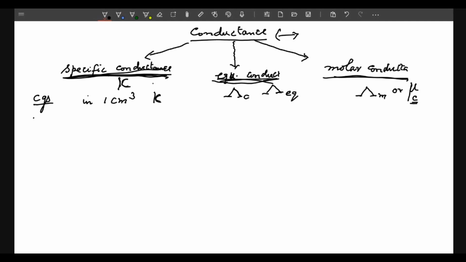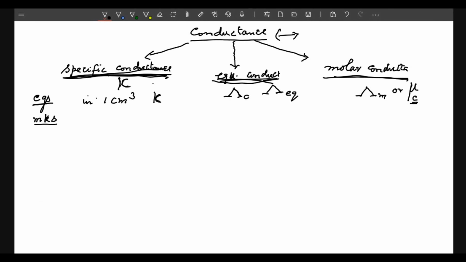In the MKS system, you know the difference between the MKS system and the CGS system. CGS means centimeter, gram, second, that is length in centimeter, weight in gram, and time in second. In the MKS system, distance is in meter, weight in kilogram, and S is the second.